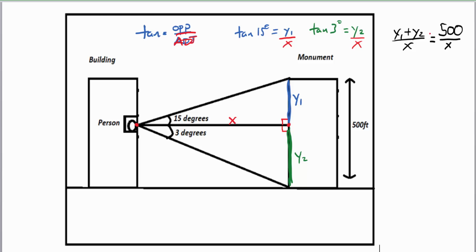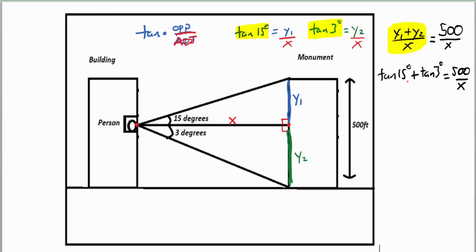So this is a true equal statement. But what I just highlighted in yellow is actually the tangent of 15 plus the tangent of 3. So now I can change this left-hand side: the tangent of 15 degrees plus the tangent of 3 degrees is equal to 500 over x.